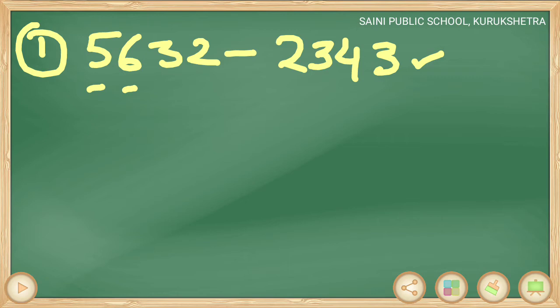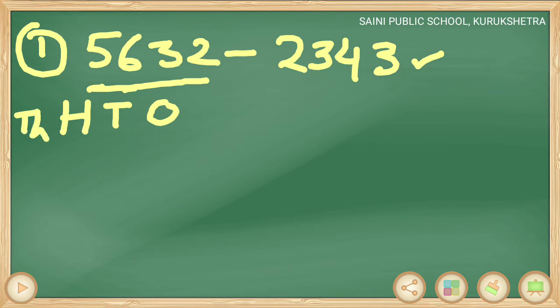First of all, we will write these numbers in the place value chart. These are 4-digit numbers, so I will write here 4 places: 1's place, 10's place, 100 place and then 1000 place. Now for subtracting, we will write the larger number at top and the smaller number at bottom.